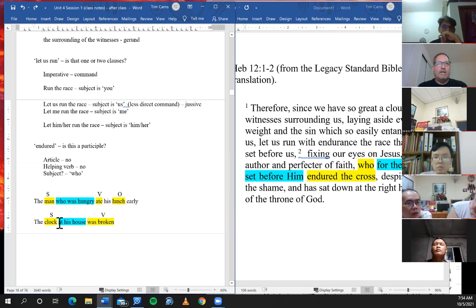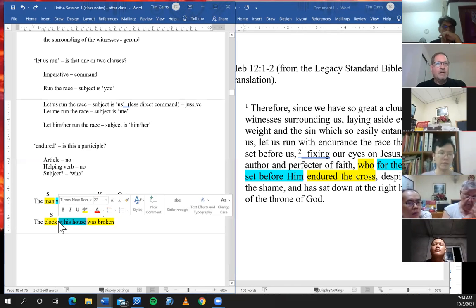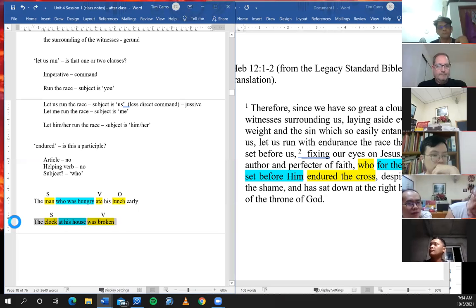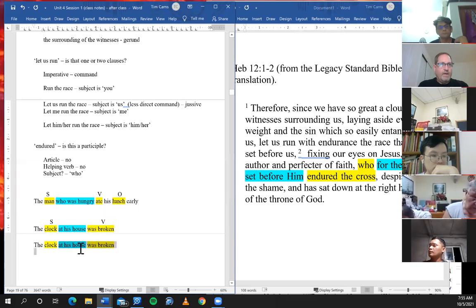The clock at his house was broken. Okay, this is clear. I'm saying the clock, which clock? The clock at his house. But if I said the clock was broken at his house, let me show you how this changes the meaning.